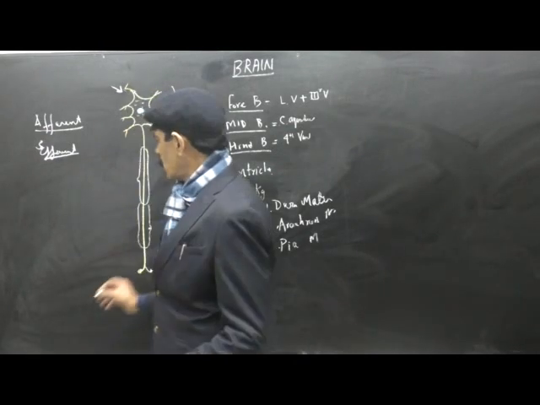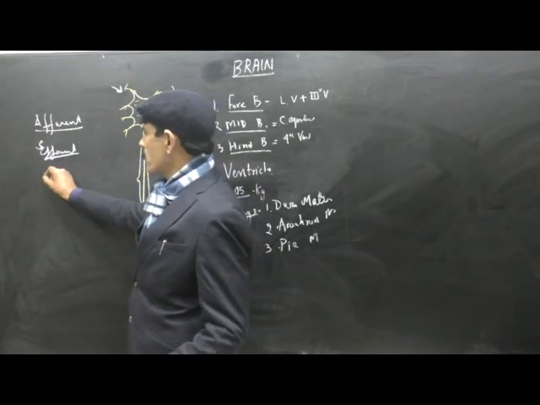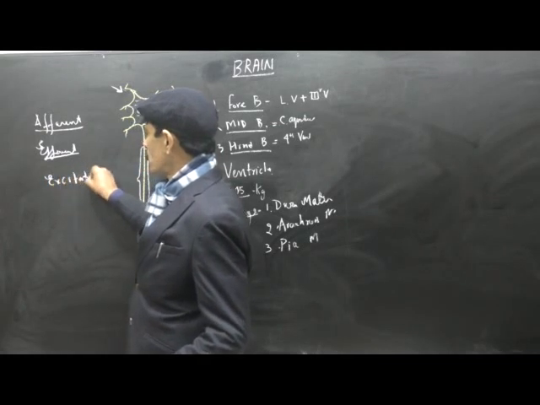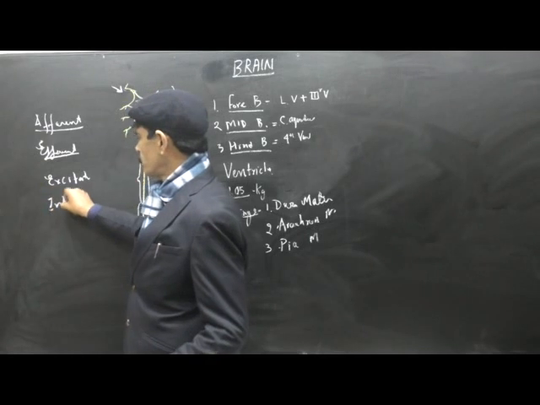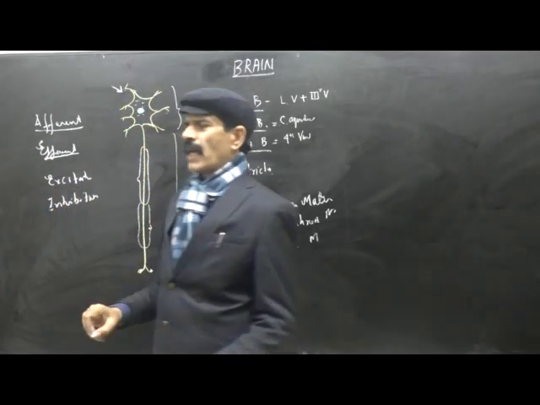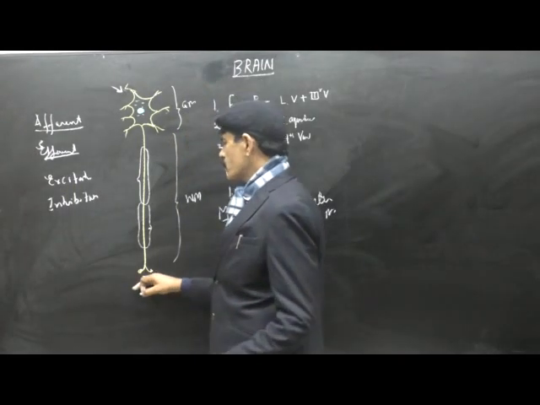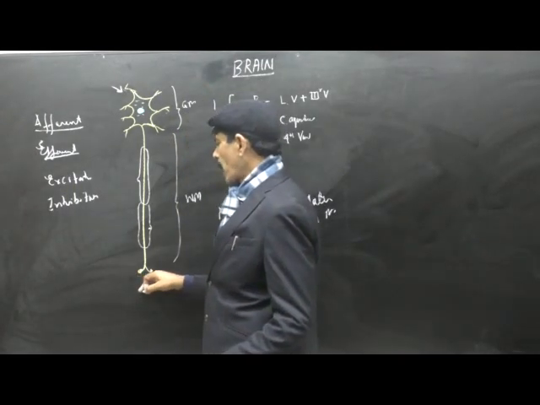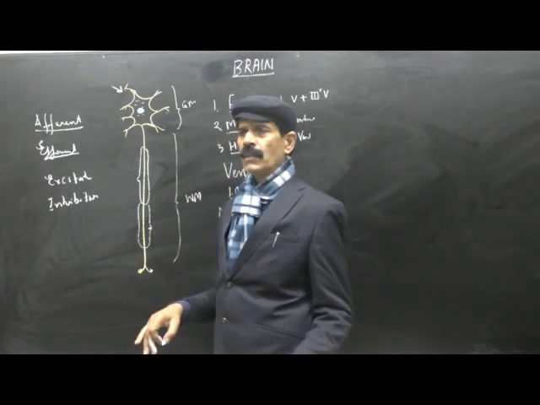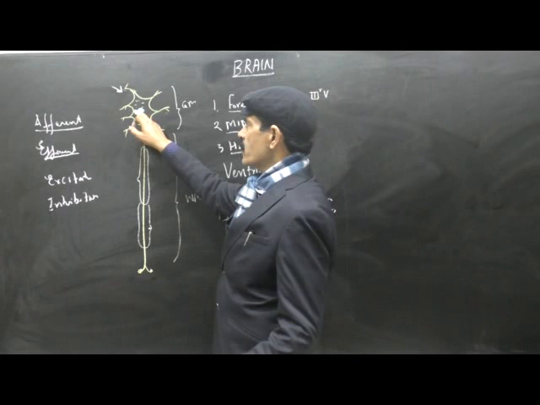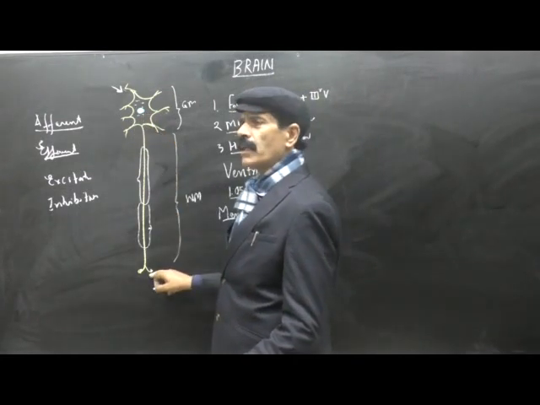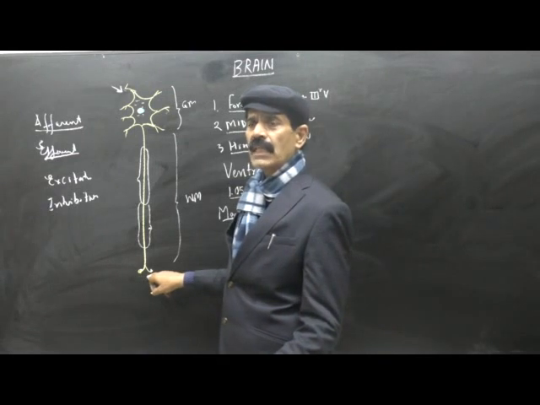Then there are two more terminologies we use. One is called the excitation, the other is called the inhibition. Excitation is the response of the neuron at the target of the axon terminal. So when the message from the neurons goes into the axon and reaches the terminal, the neurotransmitters are released here.